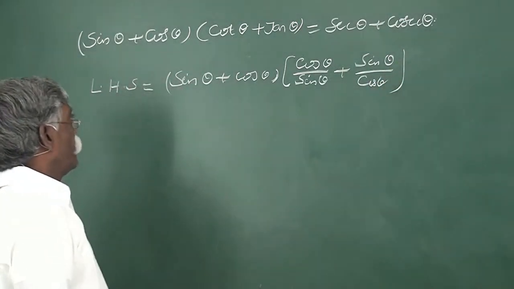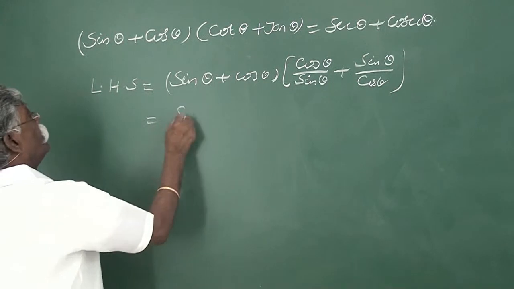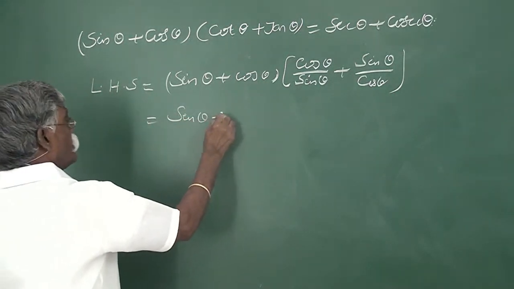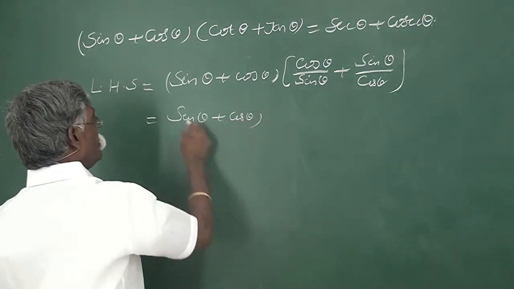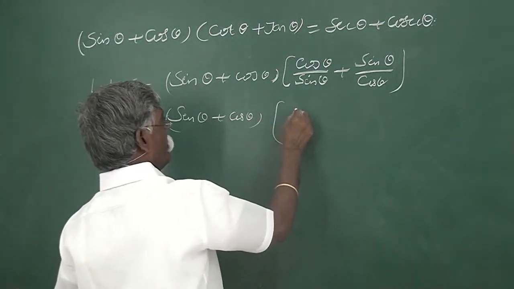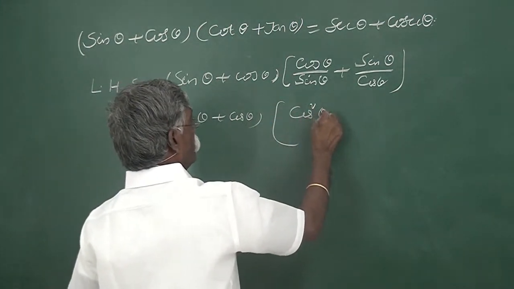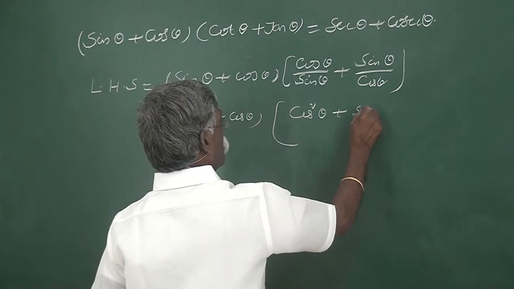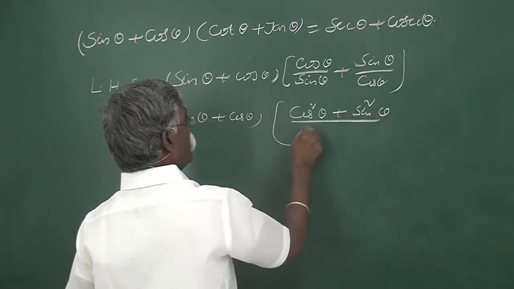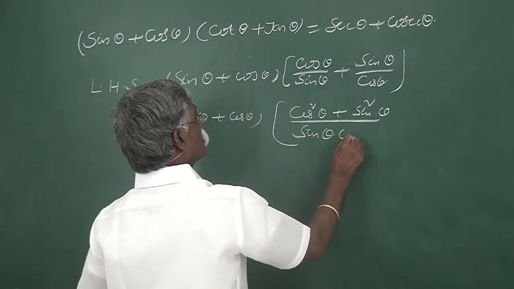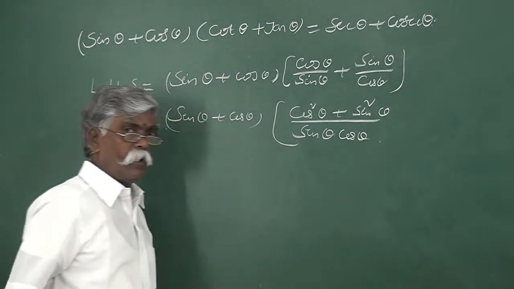Now we will take the LCM. This is sin theta plus cos theta, into, here the LCM is taken. In the numerator we will be left with cos square theta plus sin square theta. In the denominator it is sin theta and cos theta.